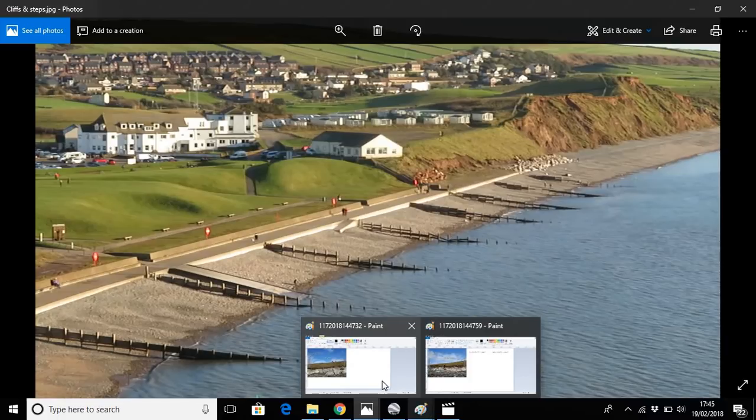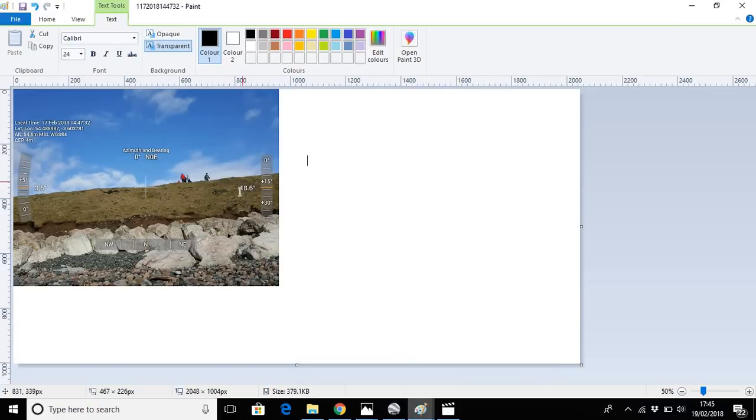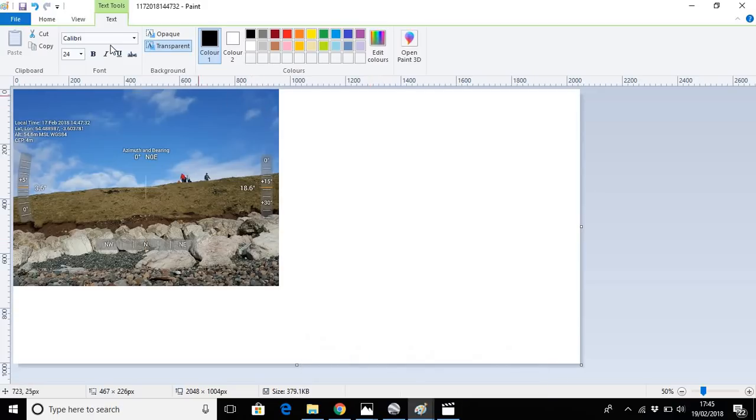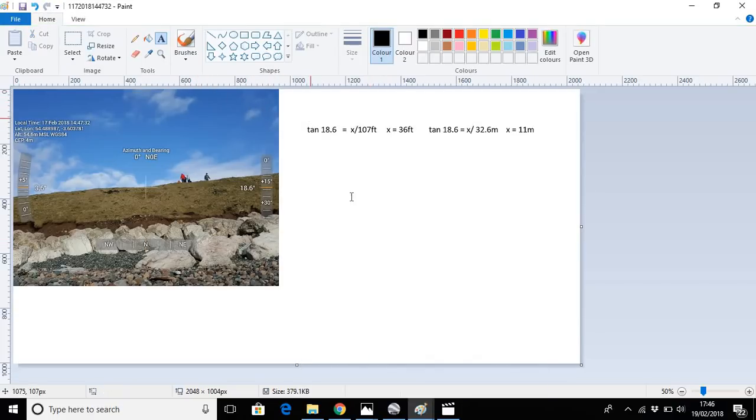So using those angles, straight up the bank we have 18.6 as the angle obtained, and we can simply add a text box to this picture showing the calculation, both in meters and in feet. So the angle is 18.6. I'm very slightly below the height at the top of the bank, but that's fine.